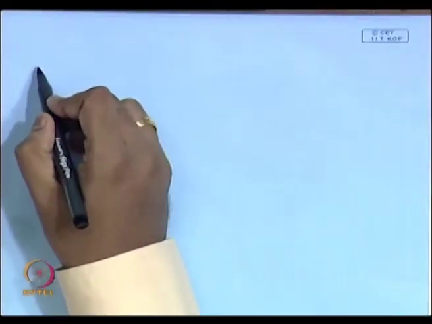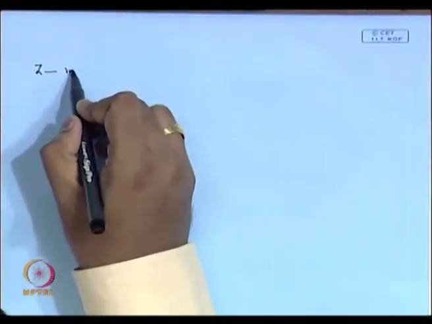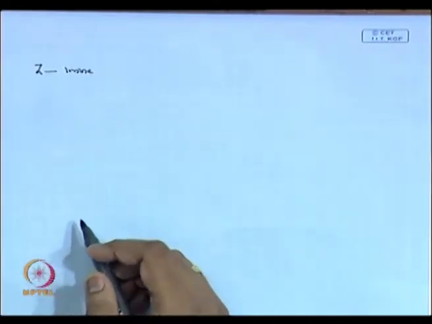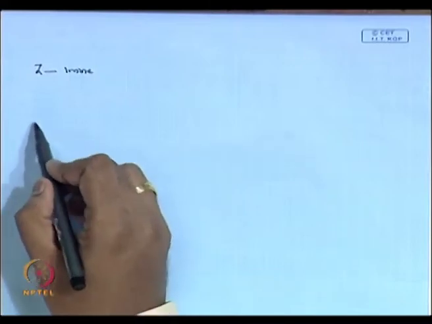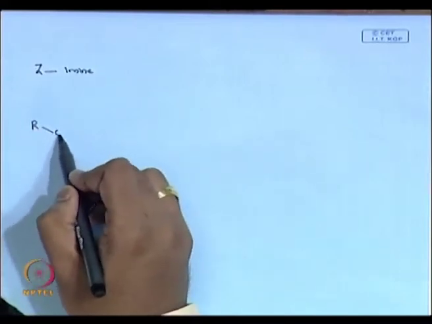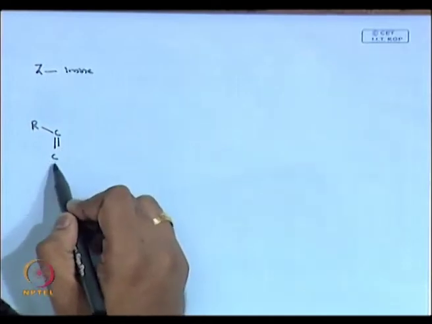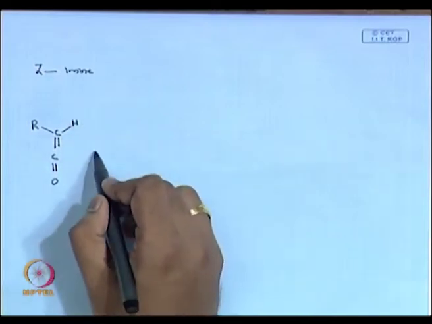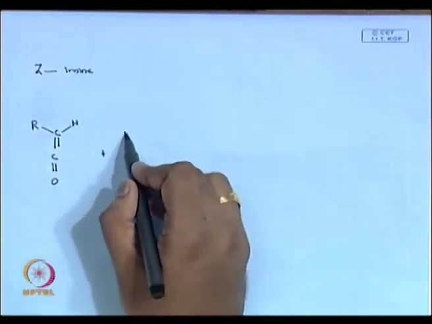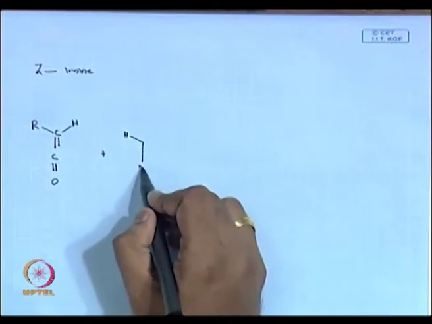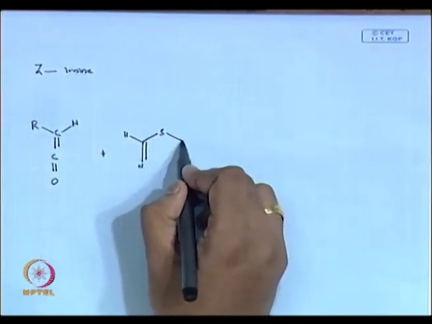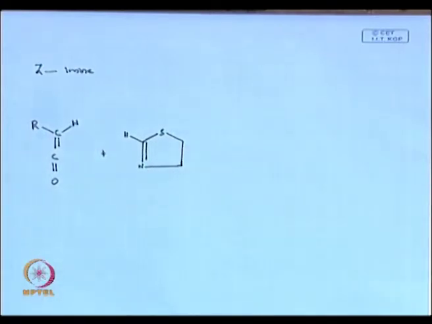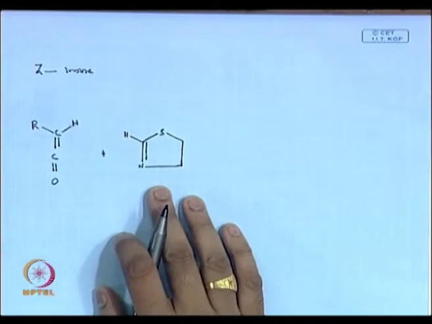Another reaction: you can see the same observation with the Z imine also, okay. We talked about E, and you can do the same chemistry with Z. For example, taking a conformationally locked type of system, like a Z imine, okay.